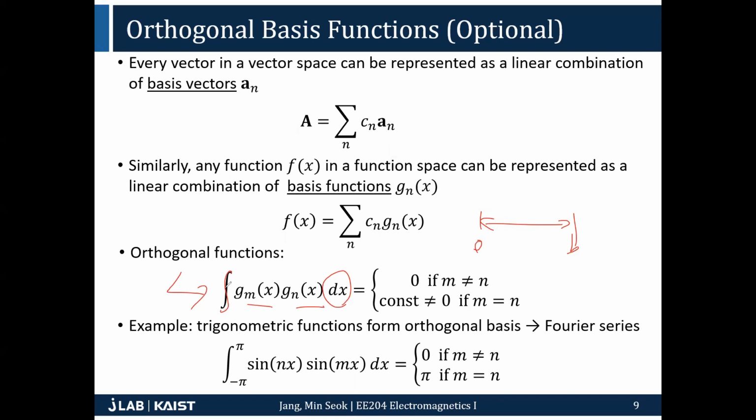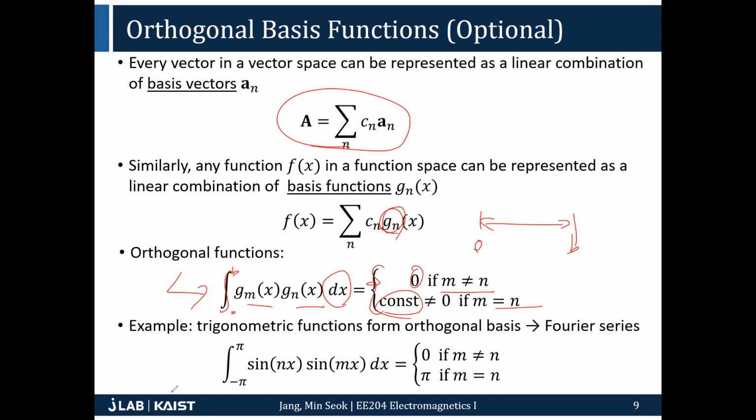If you take the inner product, and these functions form an orthogonal basis, then it must be 0 if m is different from n, and it should be some constant if m is equal to n. Okay, so if the functions satisfy this type of relation, then the functions form an orthonormal basis, similar to the vector space.